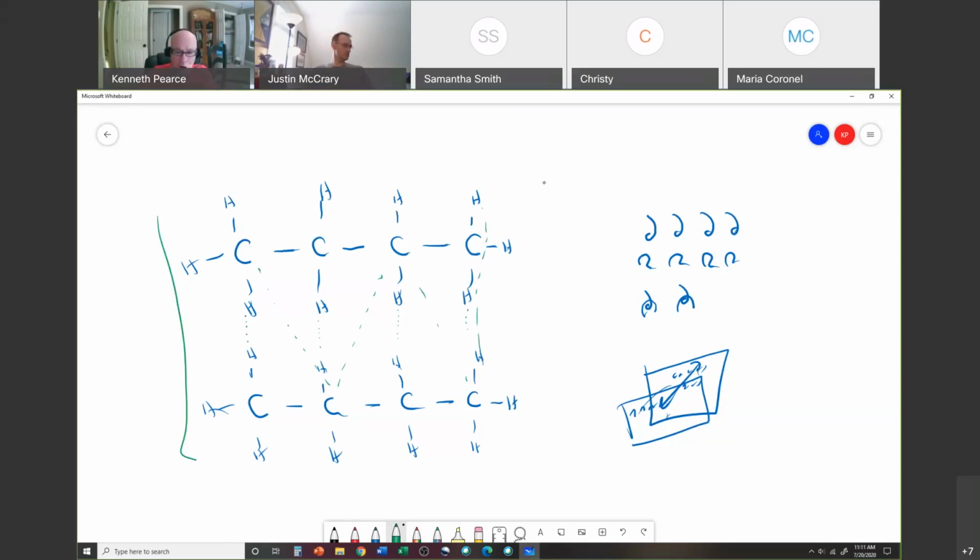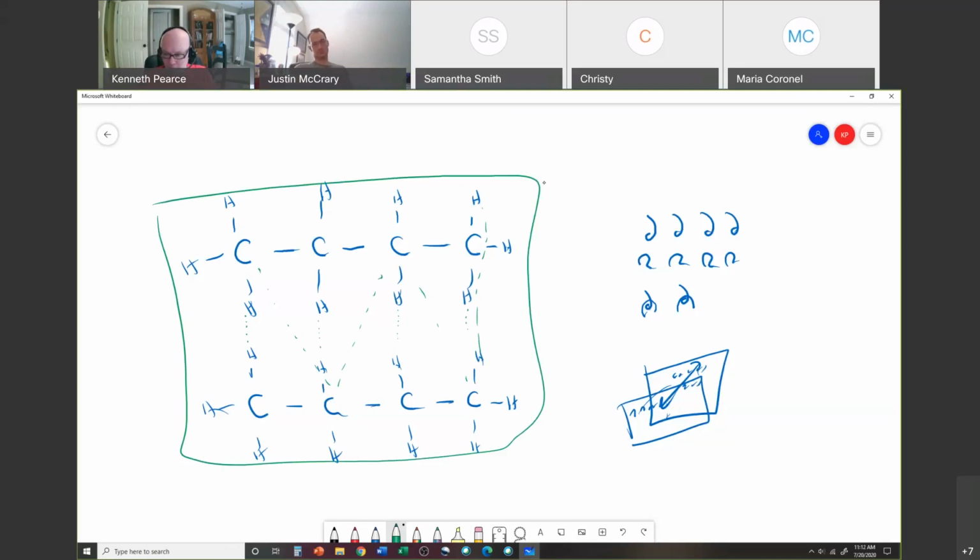Over the entire molecule, we have many, many opportunities for LDF interactions. Got LDF between the carbons, between the hydrogens, all over the place. So individually, LDF is small, but it adds up.